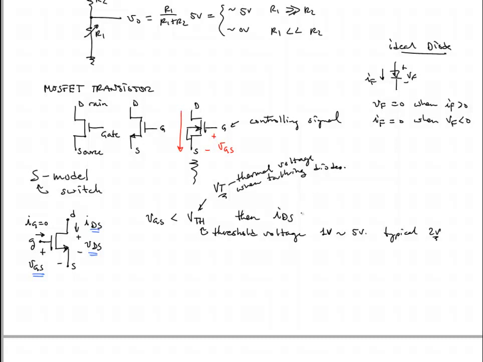IDS is going to be equal to 0. Okay, it's off. So in other words, we have, here's drain, here's source, and the switch is open. If VGS is greater than the V threshold, then VDS is equal to 0.